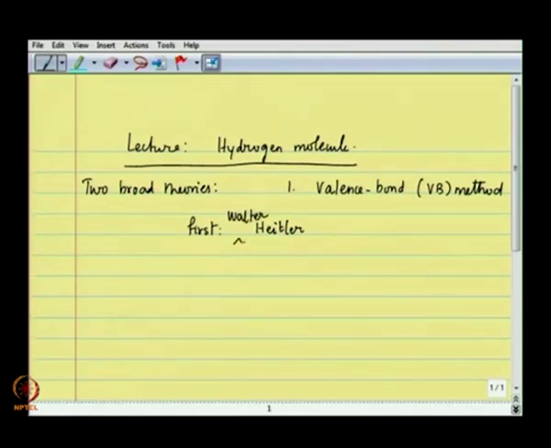I have to check my history. Walter Heitler and Fritz London, 1927, the year when Born and Oppenheimer also published the approximation for molecular systems and for solving the Schrodinger equation.